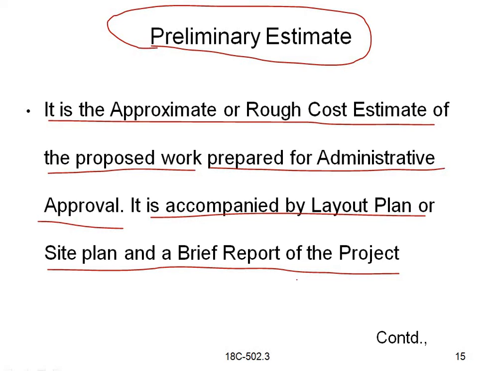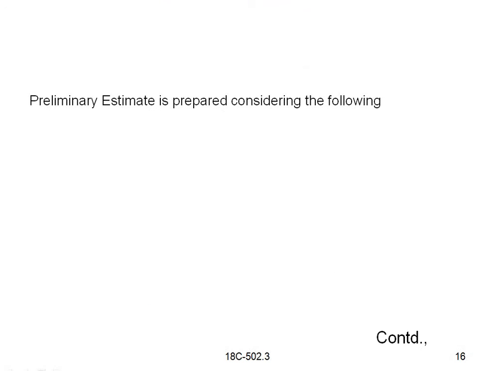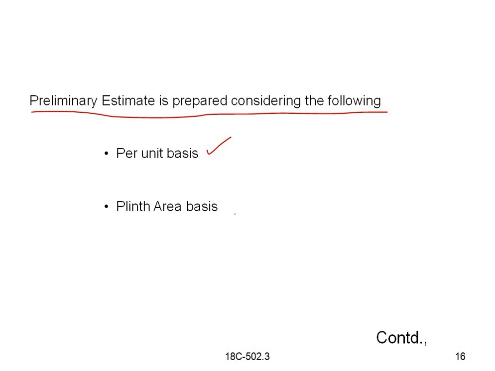This preliminary estimate is also called an approximate or rough cost estimate. So how will this preliminary estimate be prepared? One is on a per unit basis and another is on a plinth area basis.